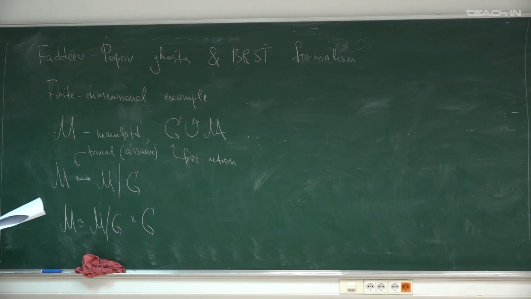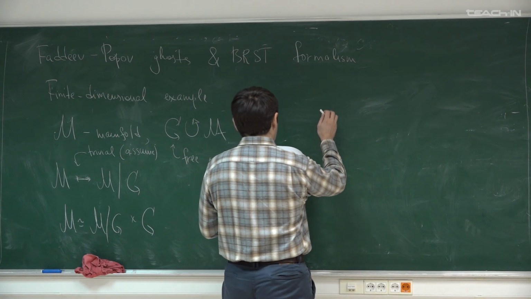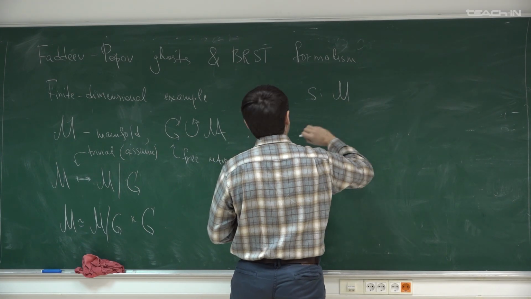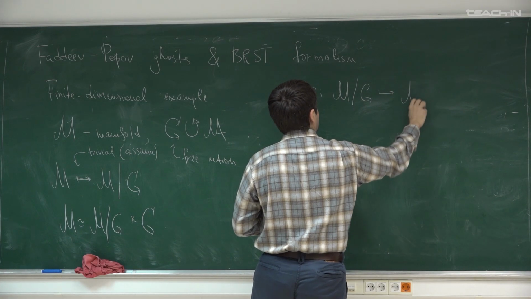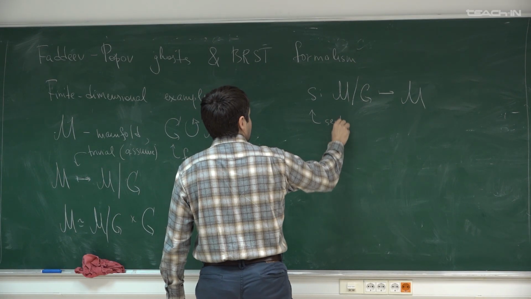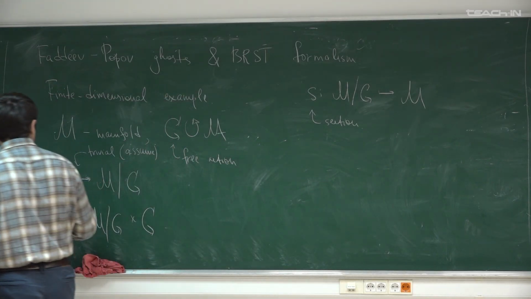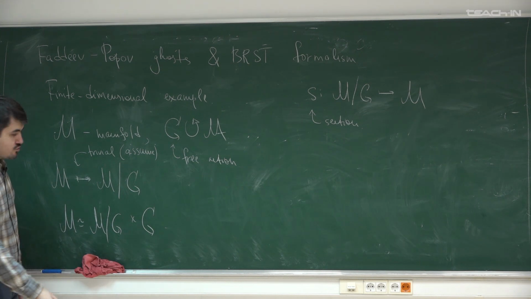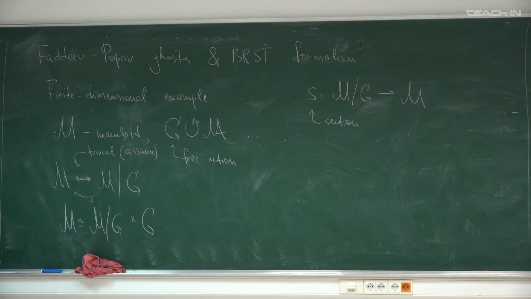To actually properly define it, one needs a map called a section, which is a map in the opposite direction, from M over G to M. Section in the sense of fiber bundle. If this is a projection, M to M over G, then the section is the map in the opposite direction that's compatible with the projection.